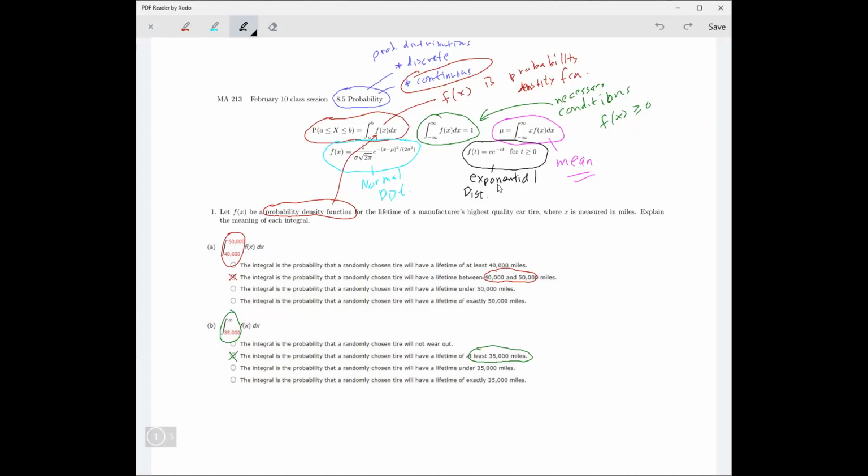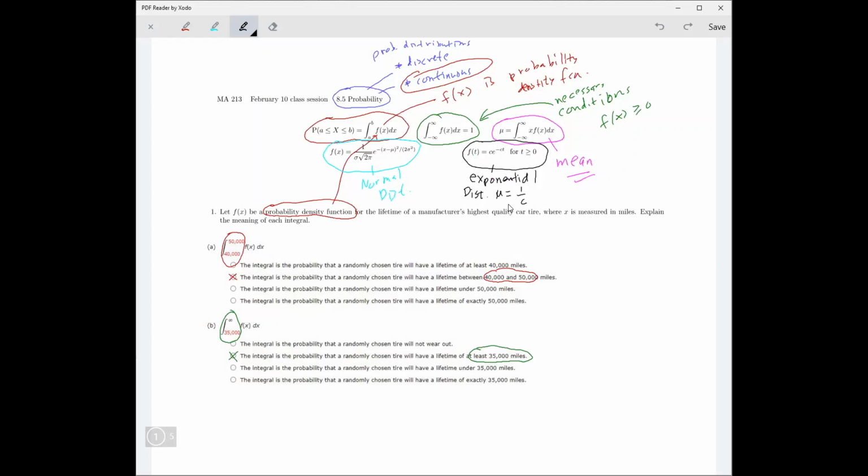For this one, it turns out that the mean is 1 over c. This formula applies for t greater than or equal to 0, and it's 0 if t is less than 0. That's what the function is.